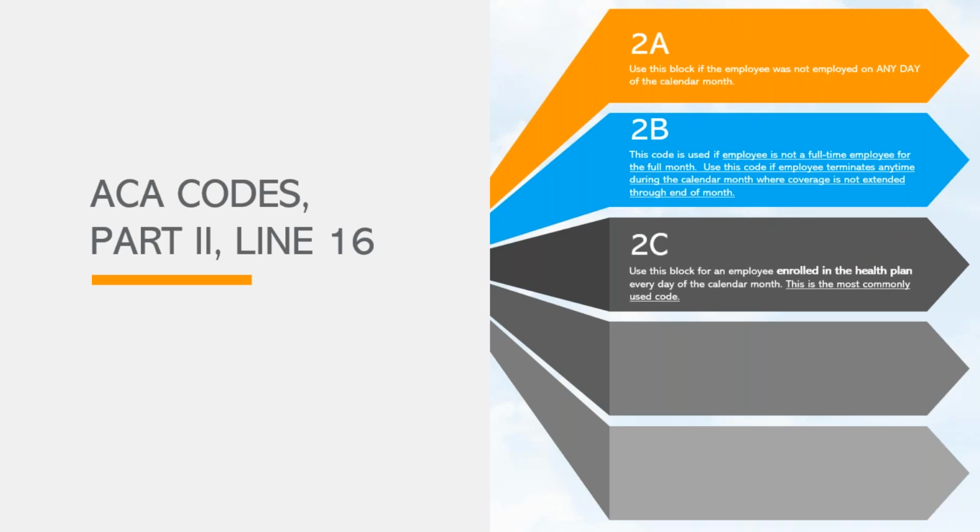2C is anyone who enrolls in the plan every day of the calendar month. And this is the most commonly used 2 code. So once someone comes out of their waiting period and they elect coverage, normally you'll see the codes 1E, 2C. 2D is used when a person is in their limited non-assessment period, which is their waiting period.